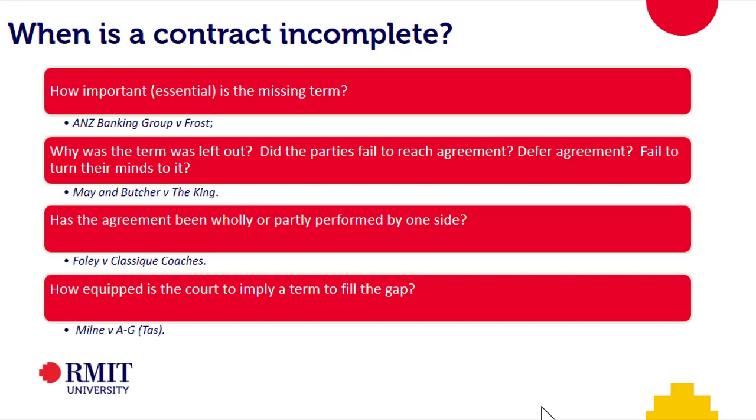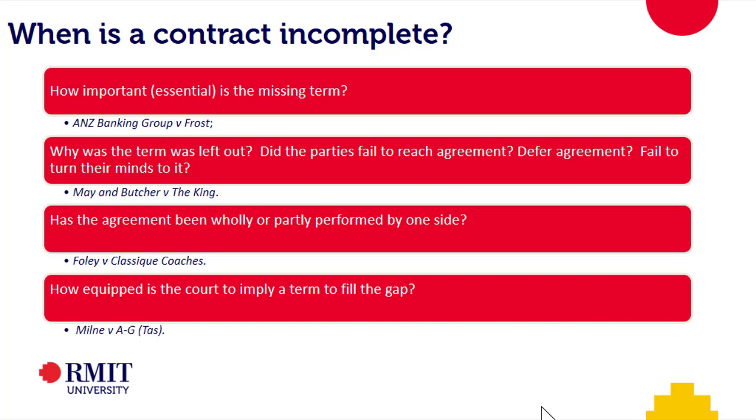So we've said at the beginning that in order to be complete, you don't necessarily have to have dealt with everything, but the courts will take into account what happened during the negotiations. So if something was left out intentionally because the parties couldn't achieve agreement on that point, then the courts will take that into account.